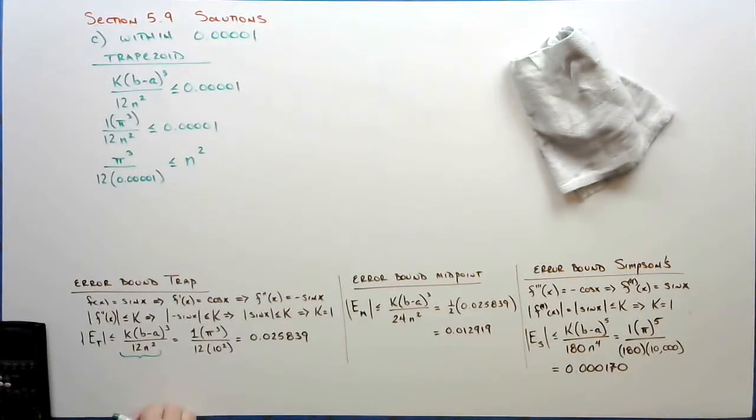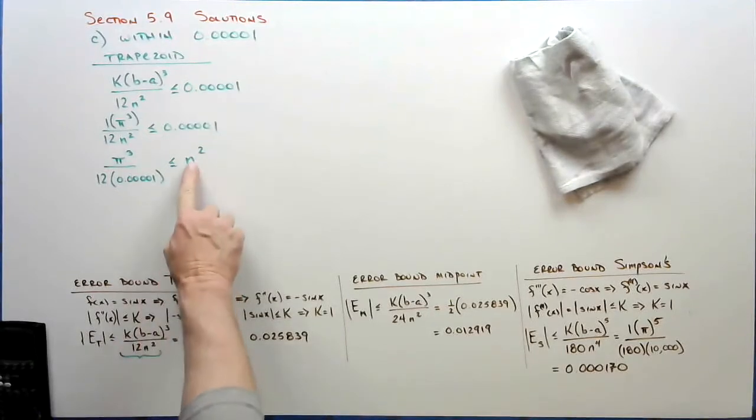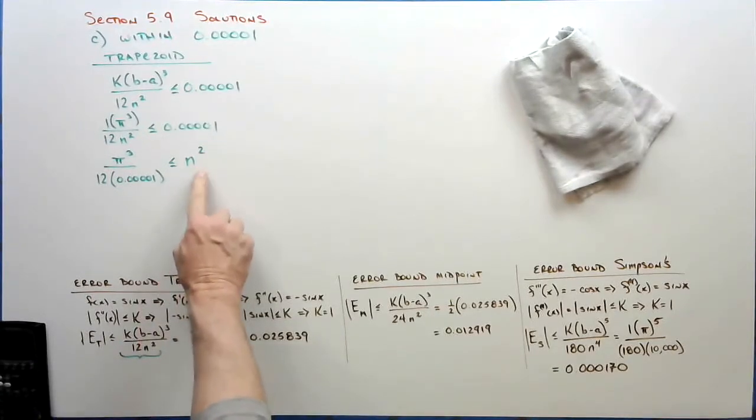So we have pi cubed divided by 12 divided by 0.00001 equals, and then we need to take the square root of that, right, to get n here.